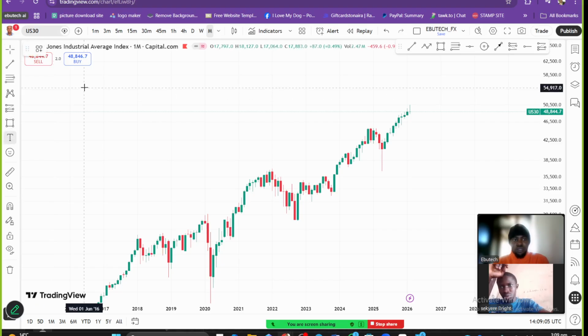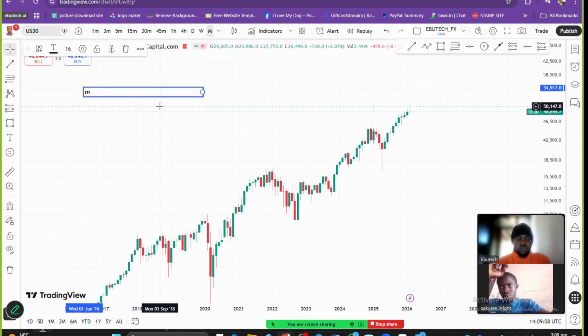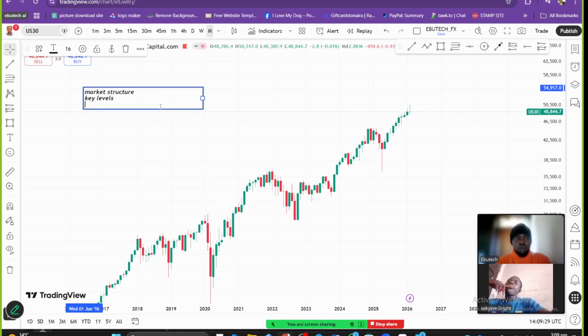Number one, we use the market structure. Number two, we use our key levels. You have to have this at the back of your mind. The third one, we have our psychological levels.